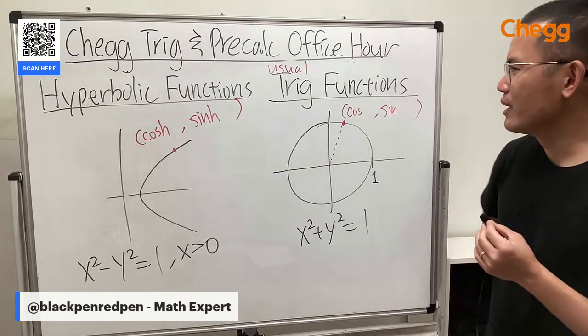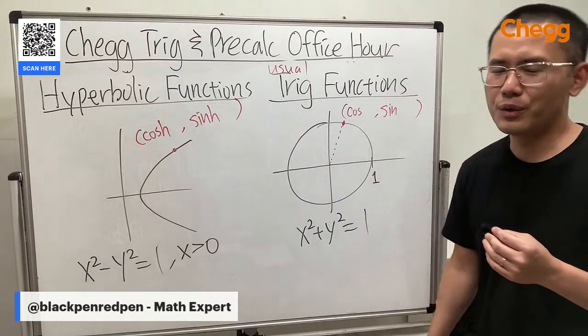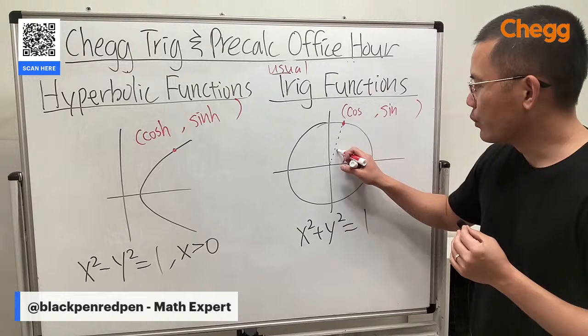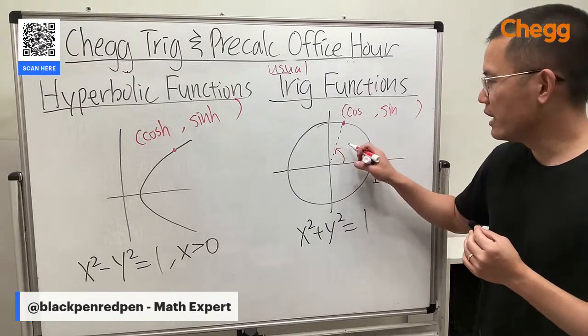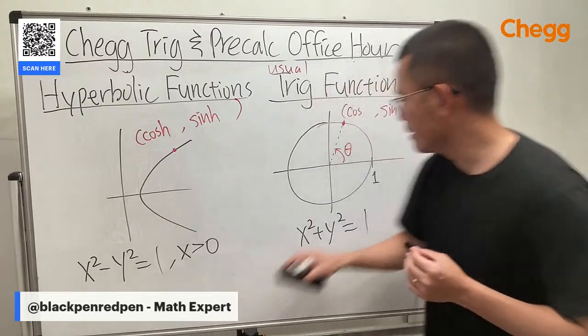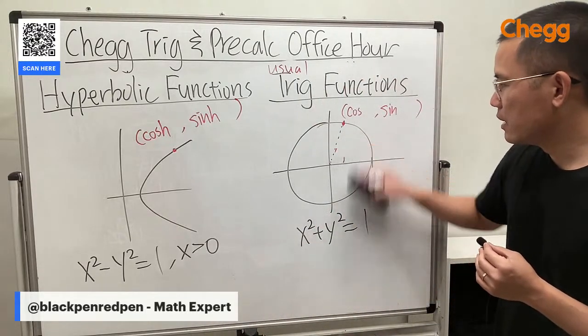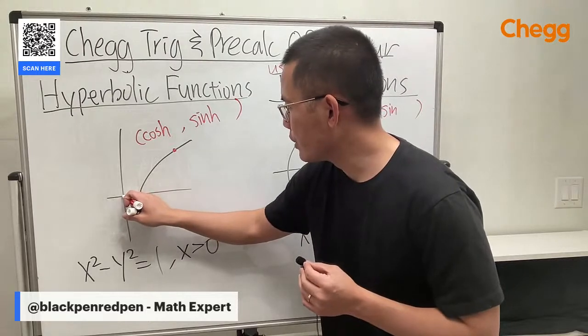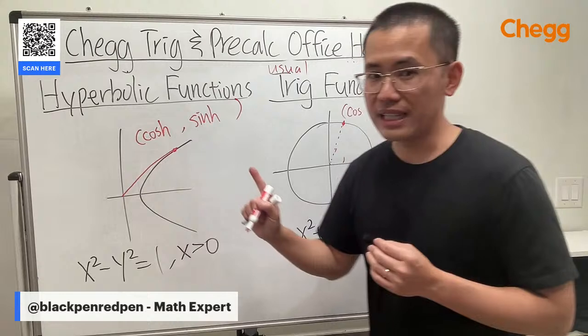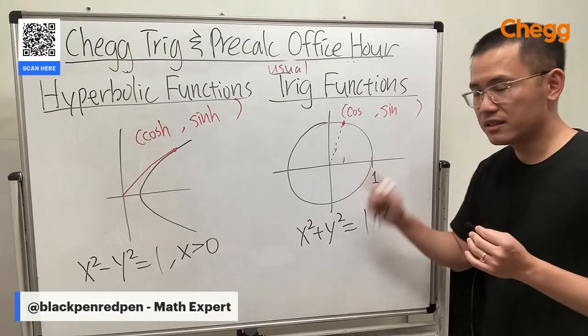Because you might be wondering, what happened to the input? Now, usually when we do the input, we go from here to here, and we say that's the angle theta. But today we are not going to do that, because if you go from here to here, it's not about the angle of rotation. So check this out.